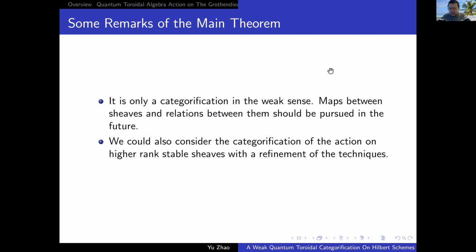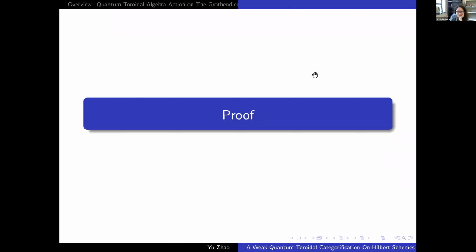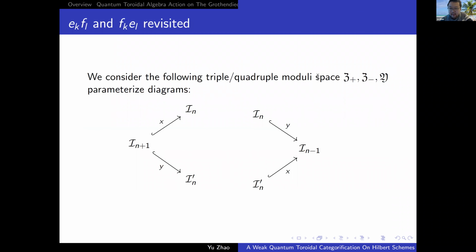Here it is only a categorification in the weak sense, but actually we have some projects about how to upgrade this to the strong sense, in the sense of 2-categories. Yes. Okay, thank you so much.